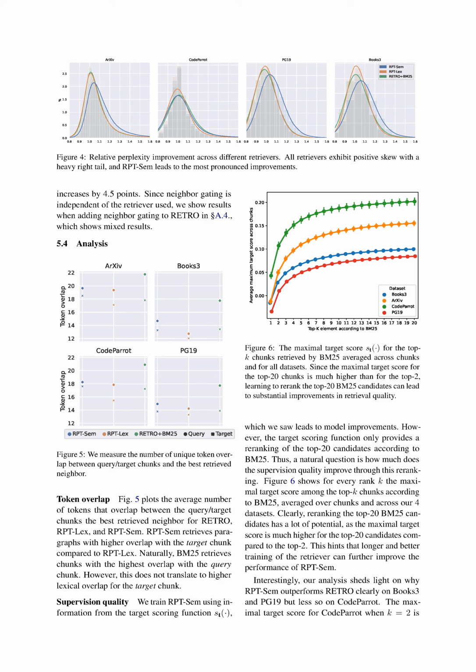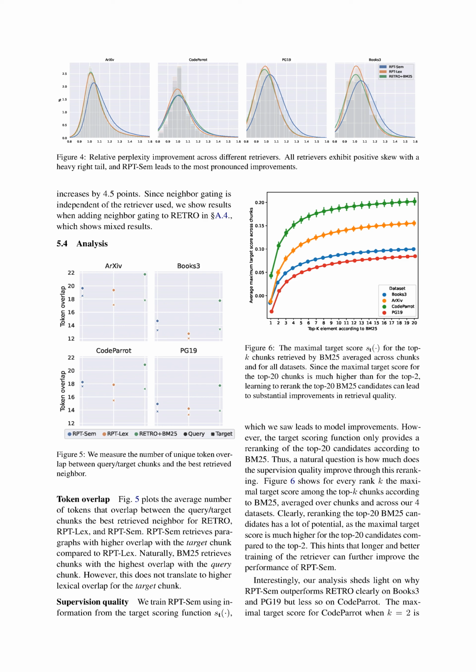Our data analysis offers an interesting perspective on why our model, RPT-Sem, noticeably outperforms the Retro model on the datasets Books 3 and PG-19, but not so much on CodeParrot. The maximum target score for CodeParrot at K equals 2 is already fairly high, around 0.1. This value corresponds to an over 10% increase in the likelihood of the target chunk compared to the local context.